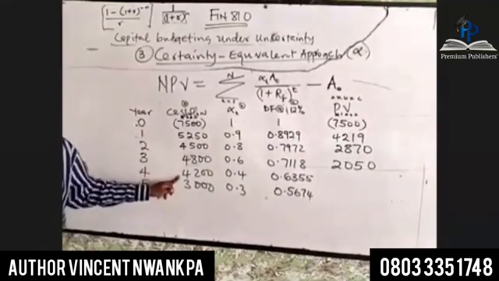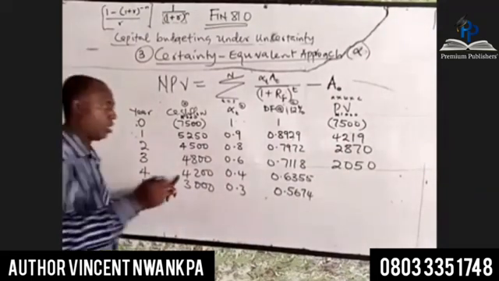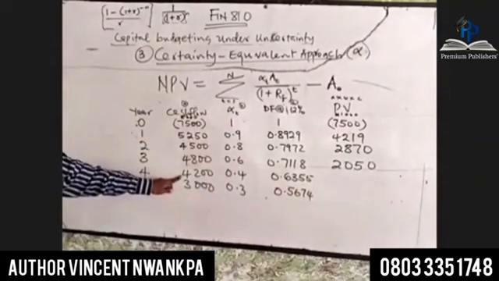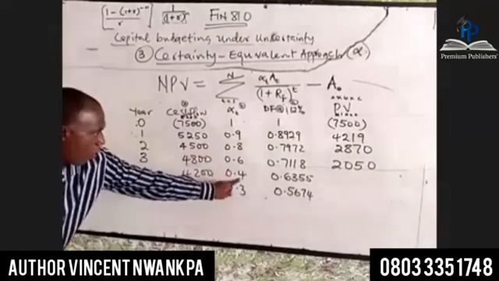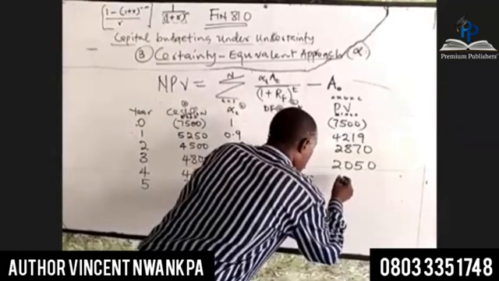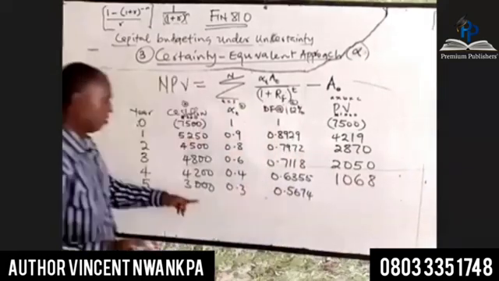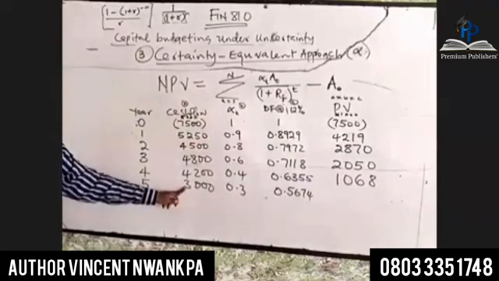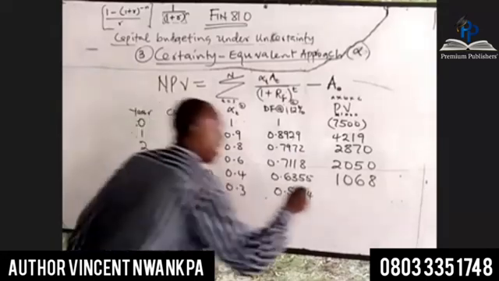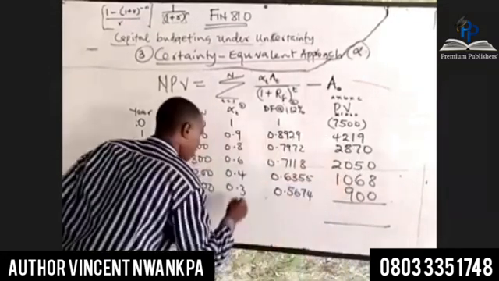Next, 4,002 times 0.4 is 1,068. Okay. Then 3,000. We add everything together.